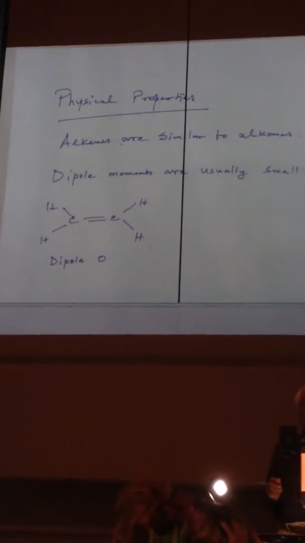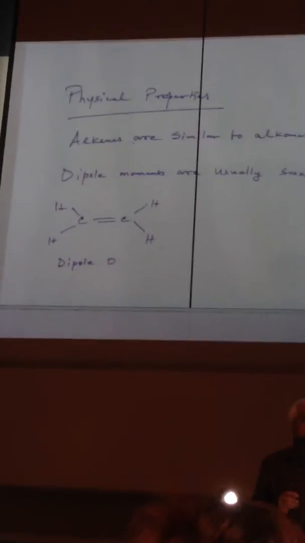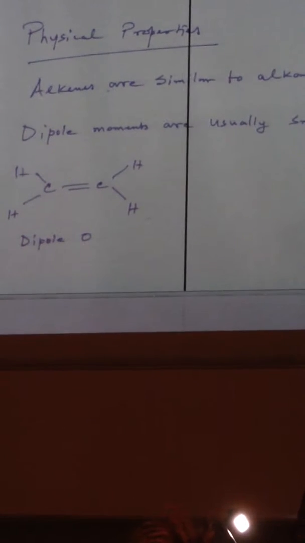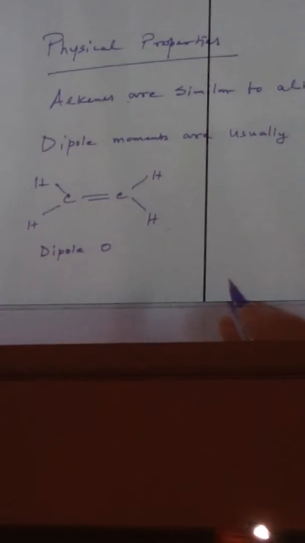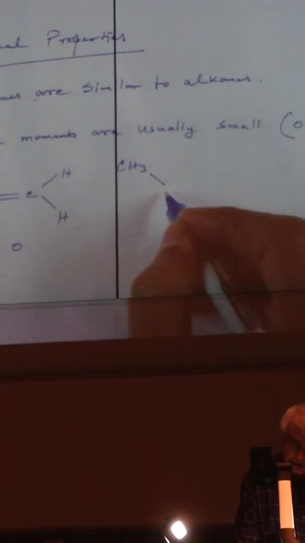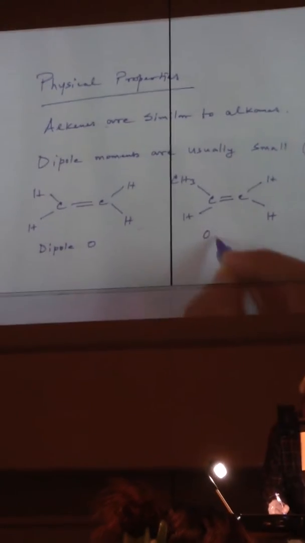As you would expect, even though our carbon-hydrogen bonds have a slight polarity, it's very, very small, and they kind of cancel each other because it's a symmetrical molecule. Now, if you introduce a methyl group to one of the hydrogens, then there's a small dipole, such as about 0.3 debye.